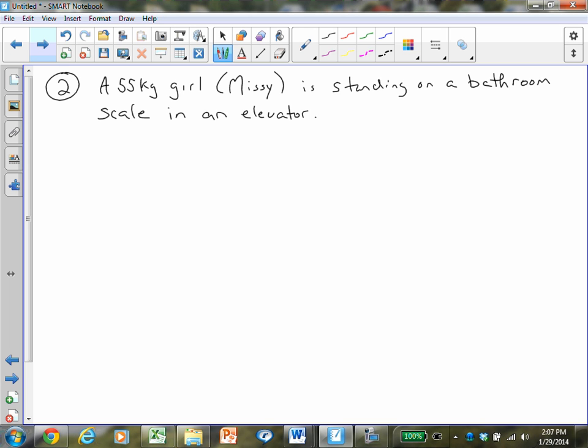Okay, she's standing on a bathroom scale in an elevator. At a particular moment, the scale reads 680 newtons.